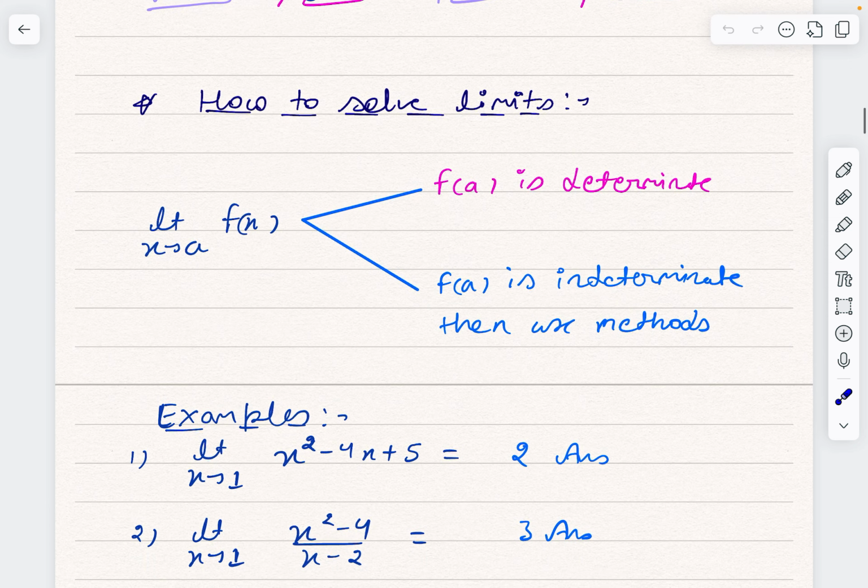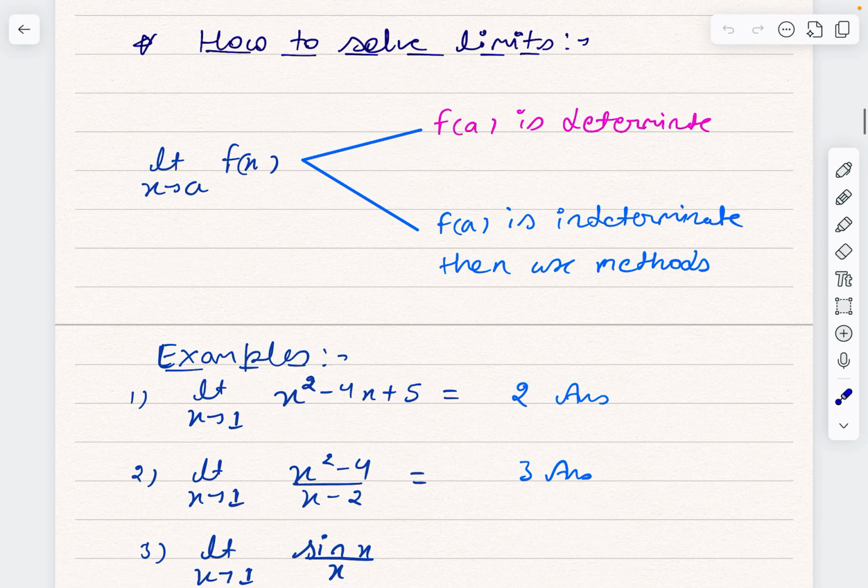Next, if I say limit x tend to 1, x square minus 4 over x minus 2. If you put x equal to 1, you get minus 3 over minus 1, which is 3. That's all. That is the answer. We do not solve anything here. Okay, now try this thing.